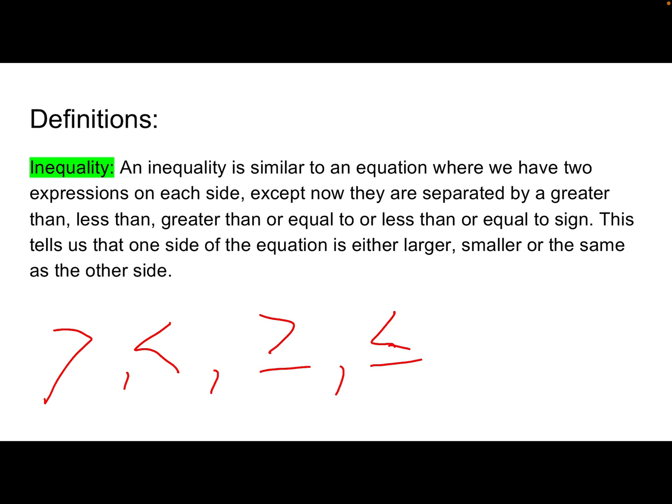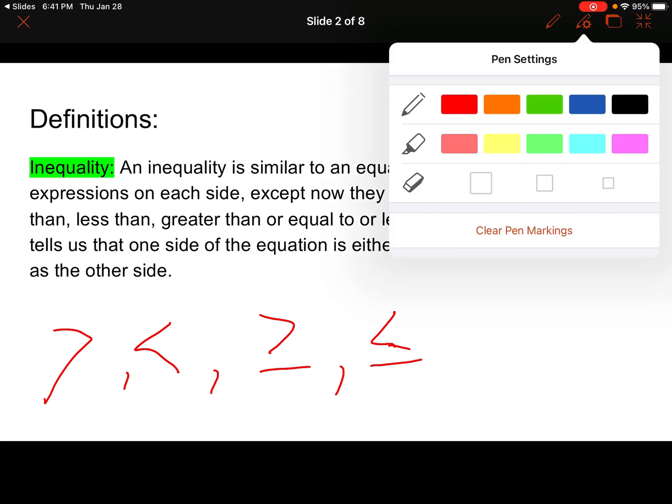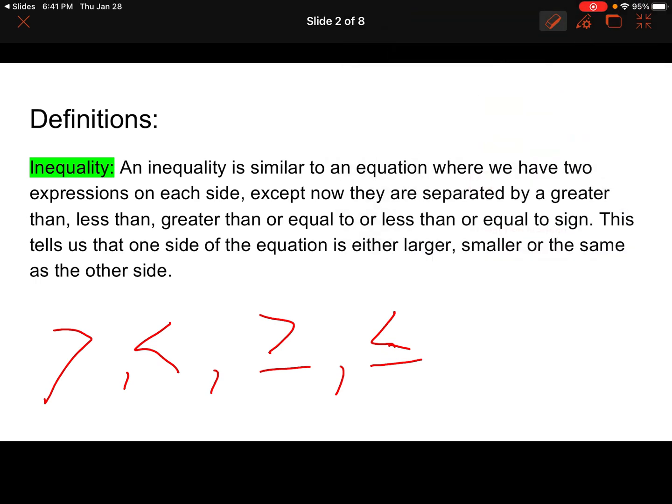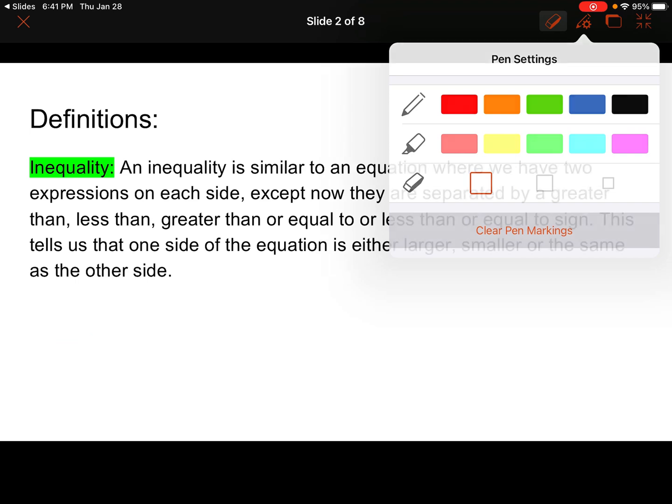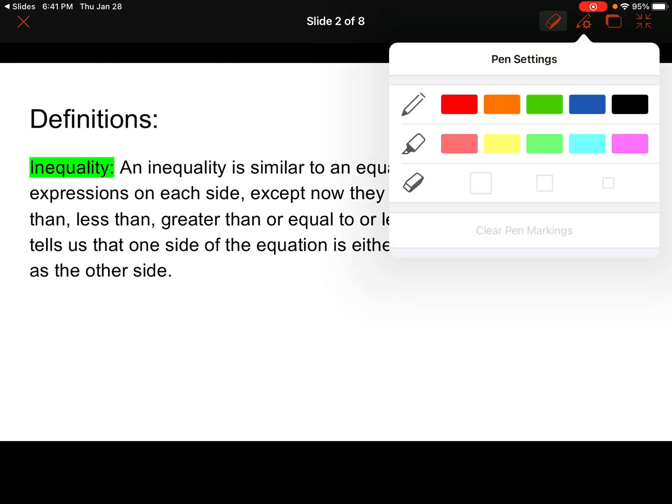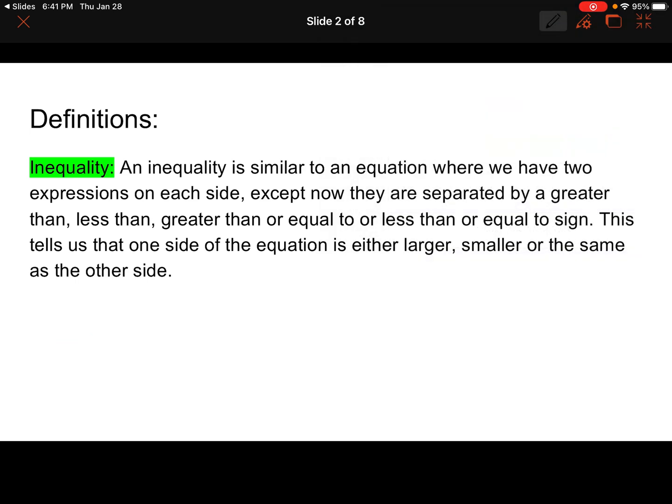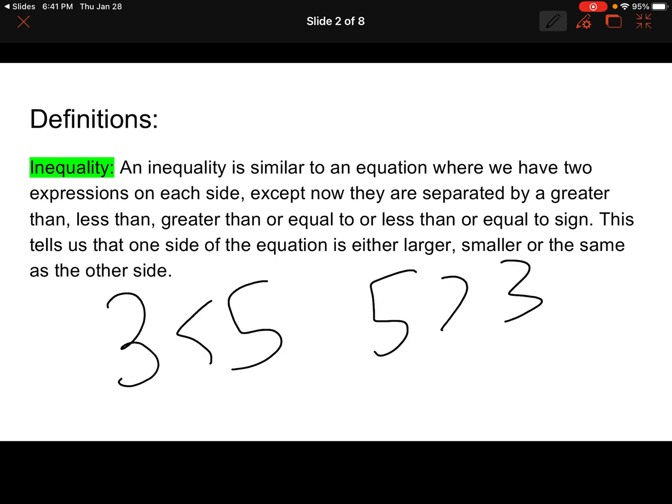All right, so using these signs here, we can see something like 3 is less than 5, or 5 is greater than 3.